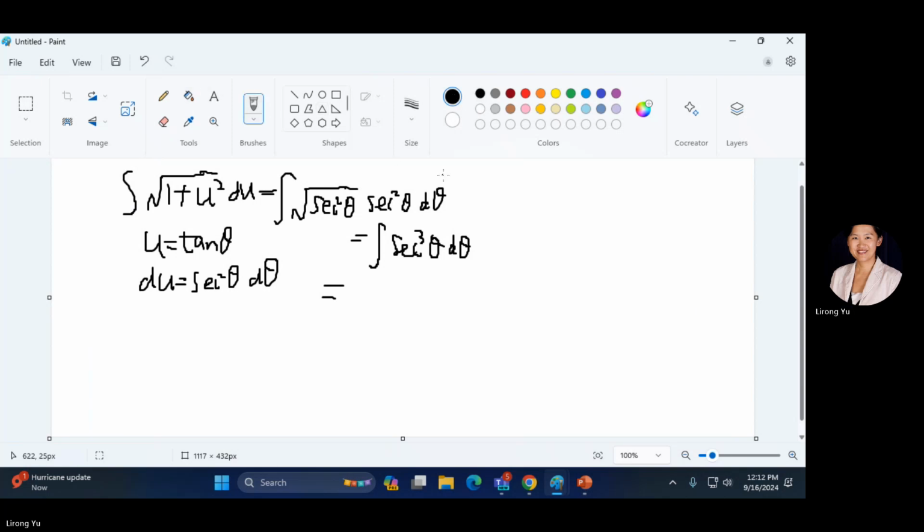I think it was secant theta tangent theta over 2 plus 1/2 ln of the absolute value of secant theta plus tangent theta.